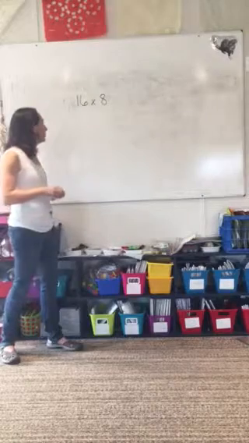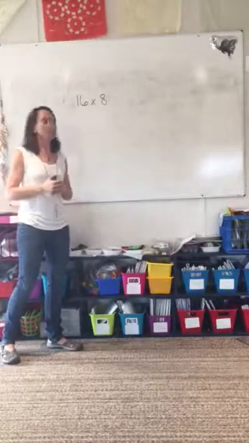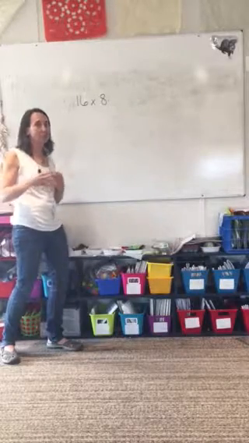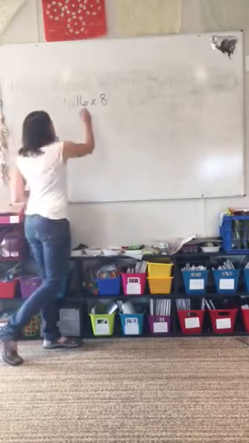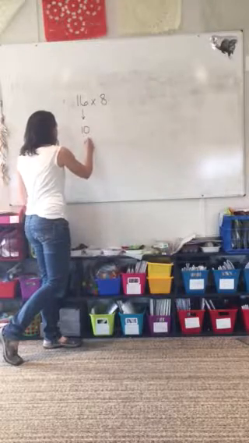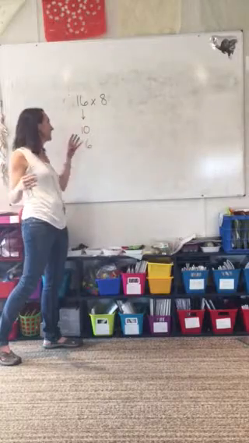So the first example is 16 times 8. And so the way that we have worked on doing that is breaking apart 16 into its place value 10s and 1s. So if we break apart 16 into 10 and 6, we know that 10 plus 6 equals 16.